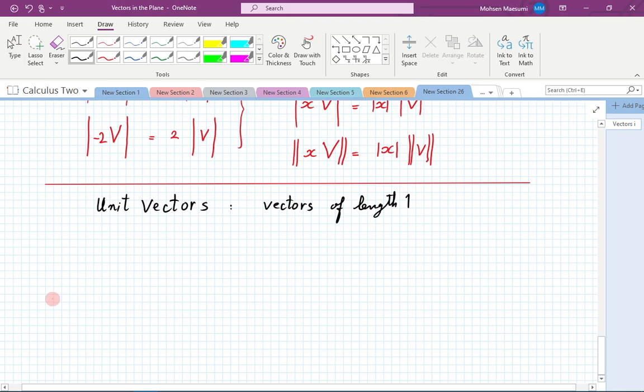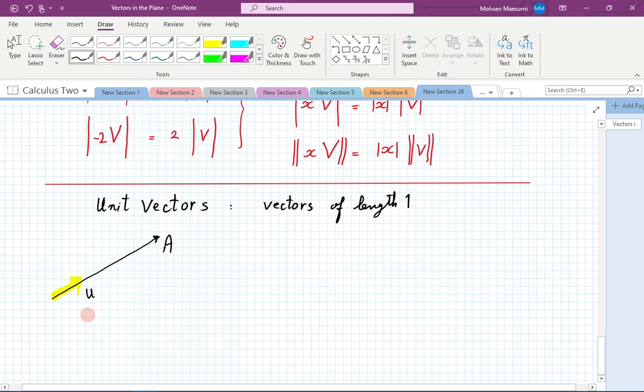Sometimes we have a vector of arbitrary length, but we want to find a vector of length 1 in the direction of this vector, essentially cutting it to size. So suppose I have a vector A and I want to find the vector u. Typically unit vectors are shown by the letter u.